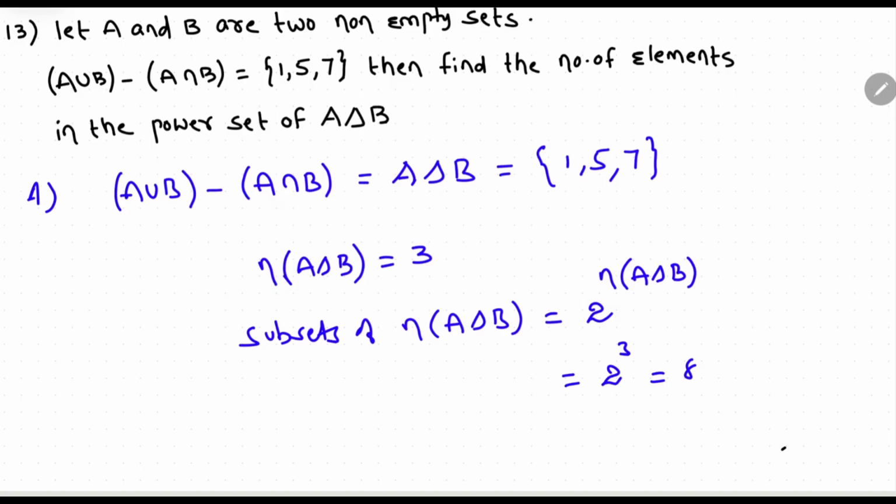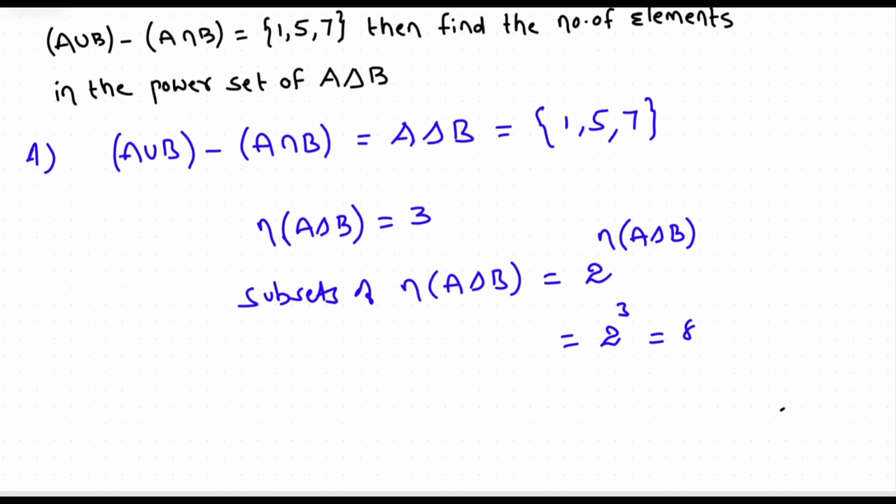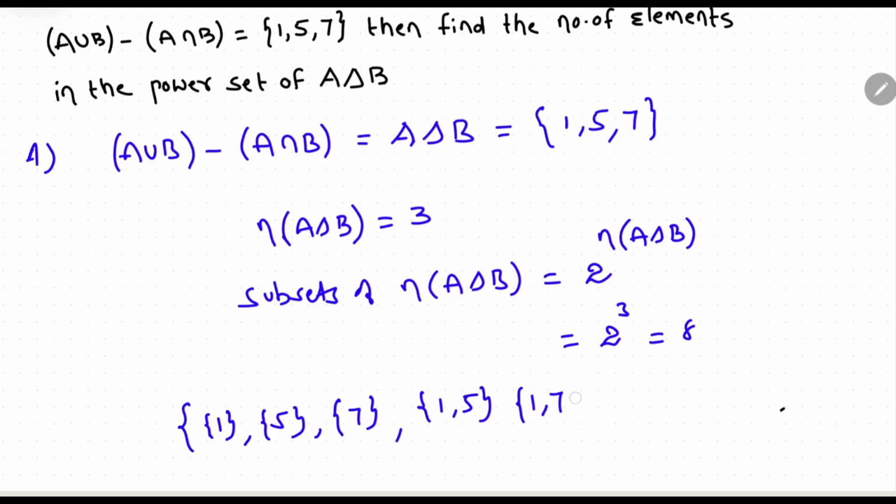So when we put in the bracket the set of subsets of A delta B, that is set 1, set 5, set 7, and 1, 5, 1, 7 and 5, 7, so 1, 5, 7 and the null set.